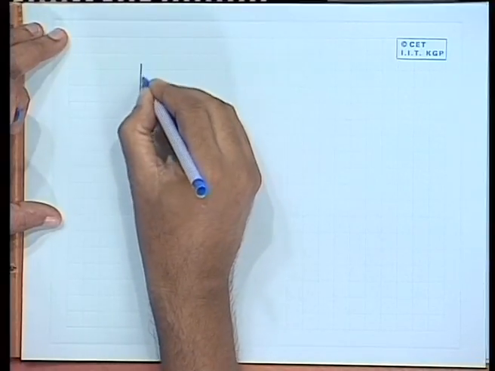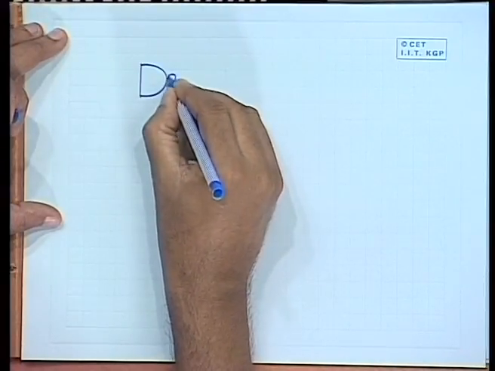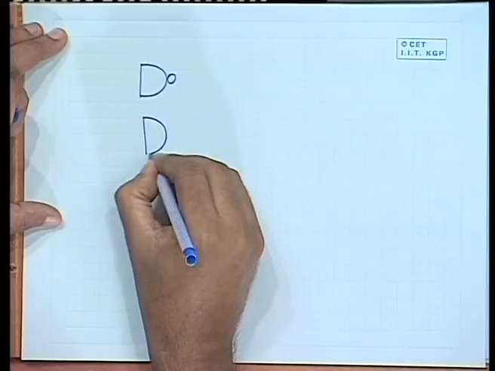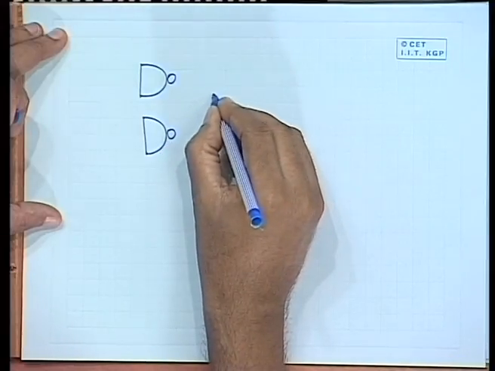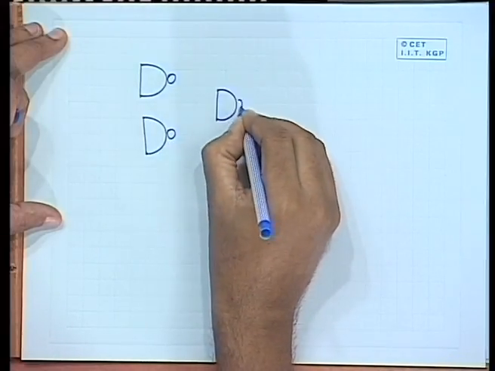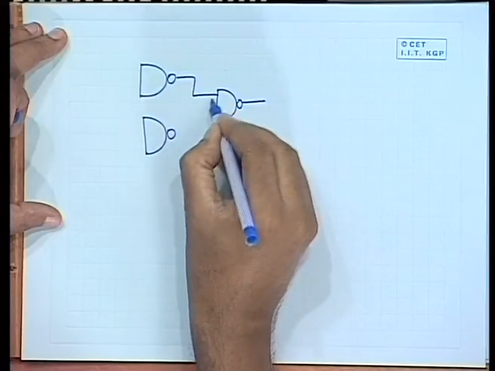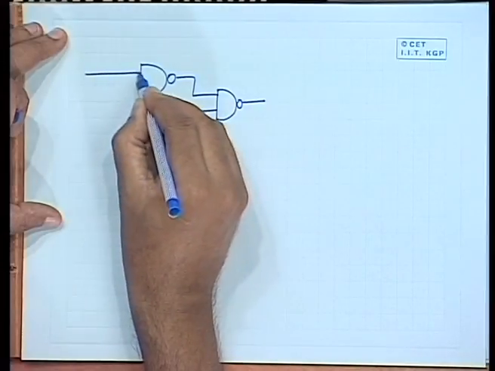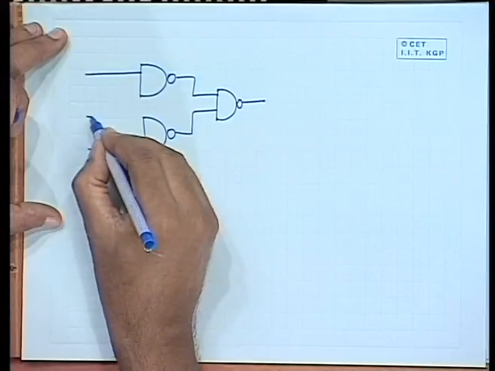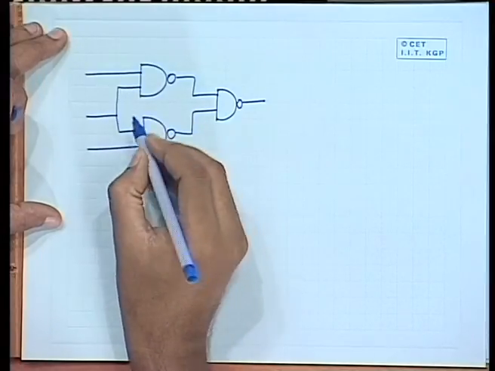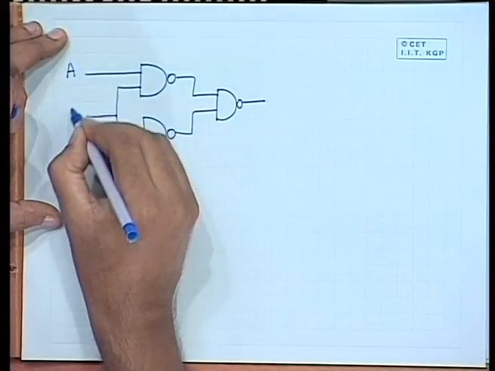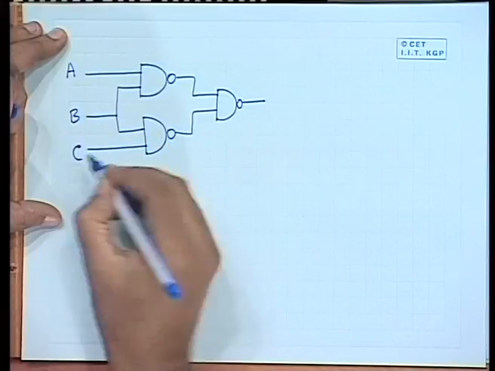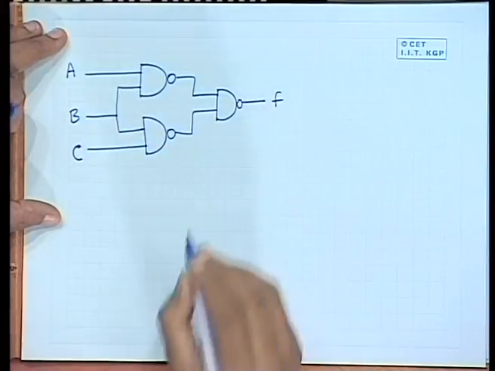Let us take a simple gate level circuit. Say a 2 level NAND circuit. So, the inputs are A, B and C and the output is F.